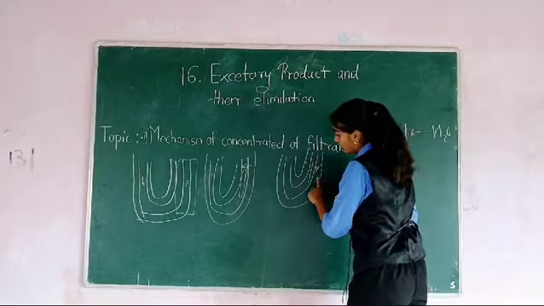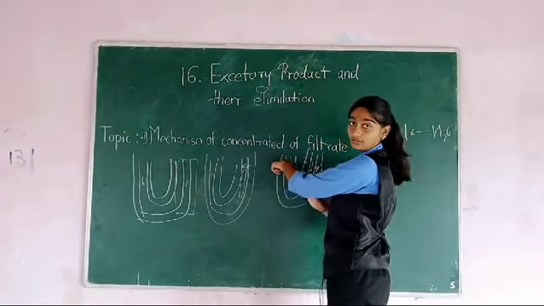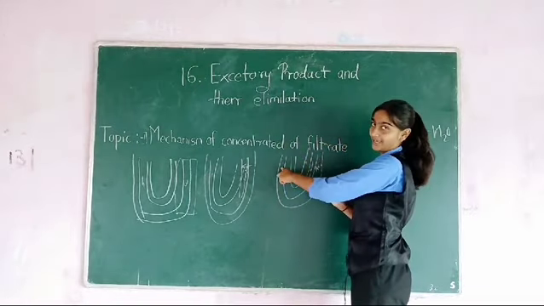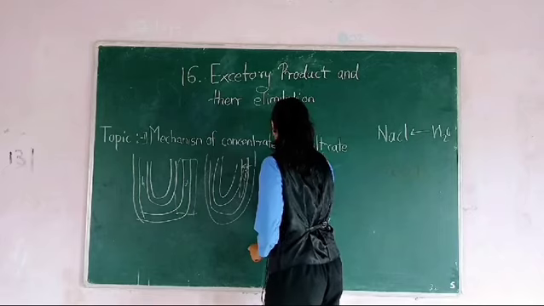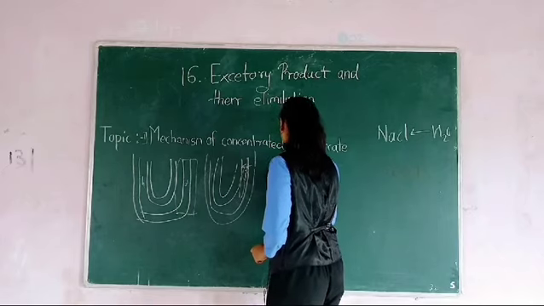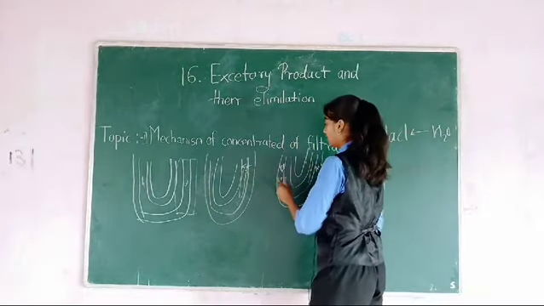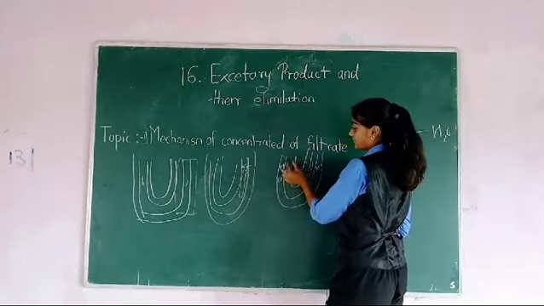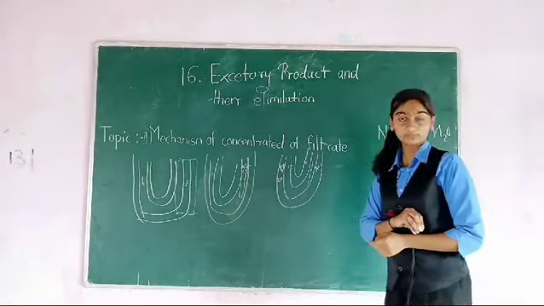As we go from down to upwards towards the descending loop of Henle, here also there is NaCl, and it does the same job as before. The NaCl attracts water, and the water gets sucked into the vasa recta.